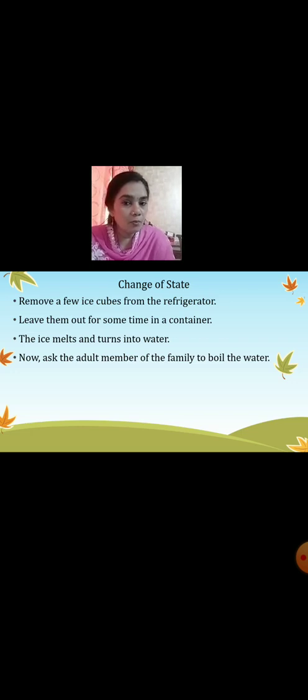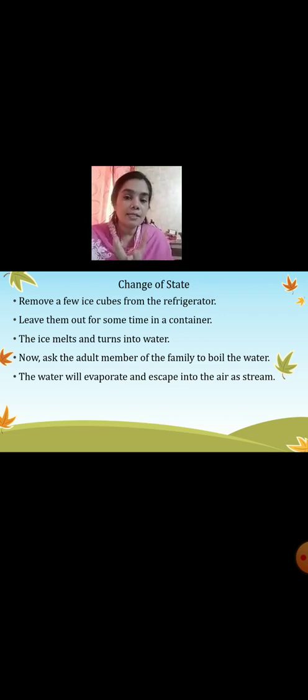Now, if that same water is boiled, the water evaporates and escapes into the air. From this activity, we learned that ice is a solid. When it melts, it becomes a liquid, and when we heat it, the water evaporates and escapes into the air. That is gas.